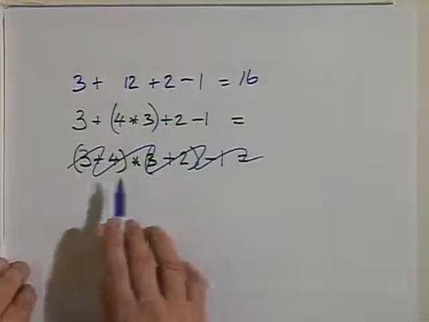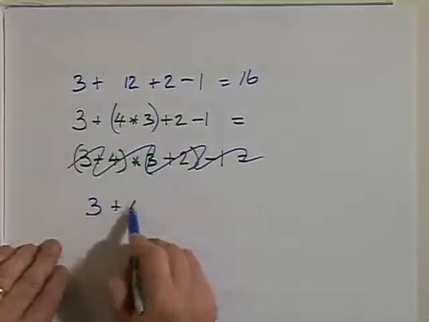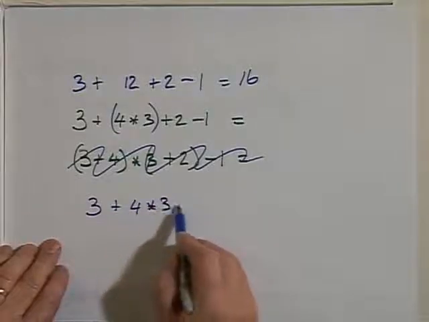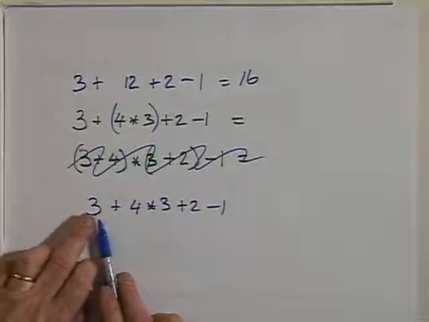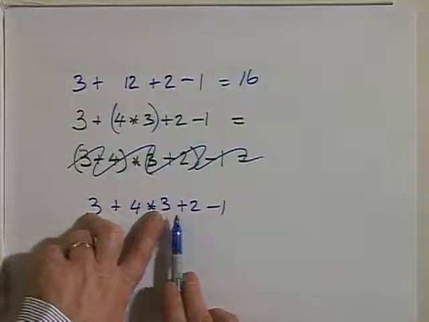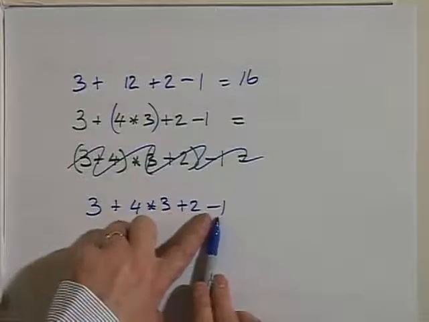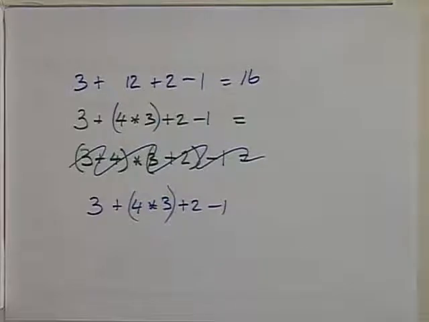But you can't just assume that that's 3 plus 4 is 7. The way I had written it, you might think that it's 3 plus 4 is 7, times 3 is 21, plus 2, 23, minus 1 is 22. It's not. You do multiplication first.